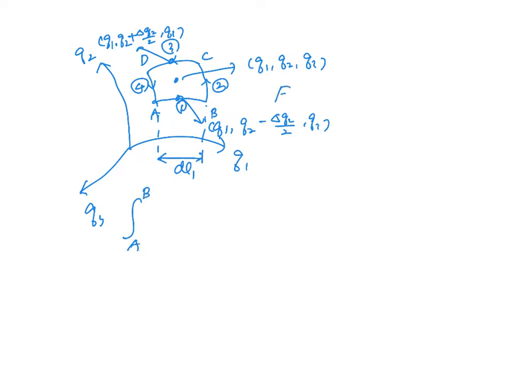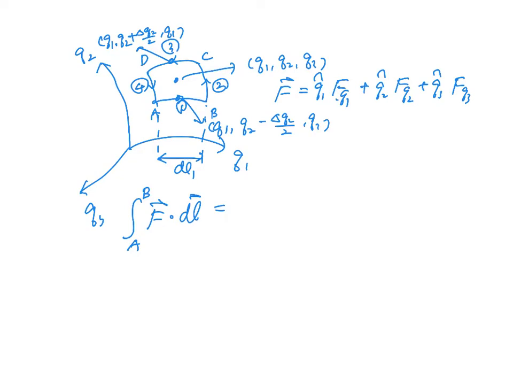The function f will be defined as f_q1 q1 hat, f_q2 q2 hat, f_q3 q3 hat. So f dot dl along this line 1, this direction is the q1 direction, right?